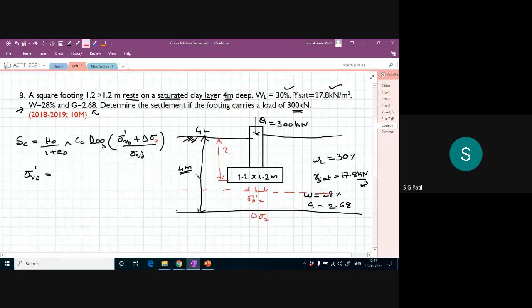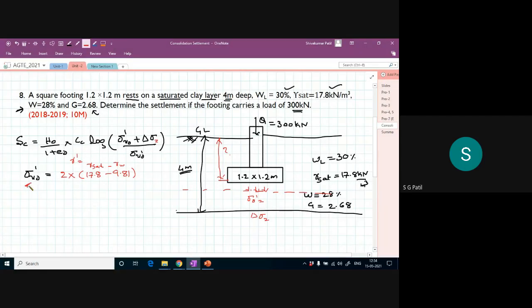Now you tell me what is my sigma V naught dash at the center of the clay layer. This is simply 2 meter is the depth, and what is my unit weight? 17.8. I have to take the effective stress, so I have to deduct the unit weight of water. So 2 into 17.8 minus 9.81. That is your saturated unit weight minus your unit weight of water, which gives the submerged density.